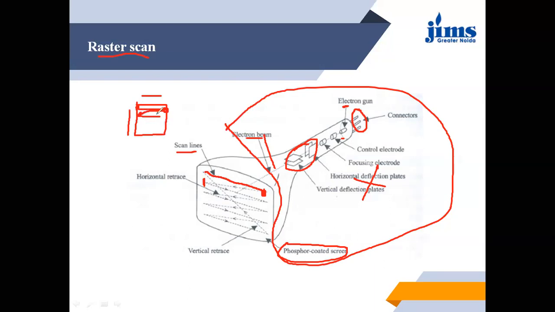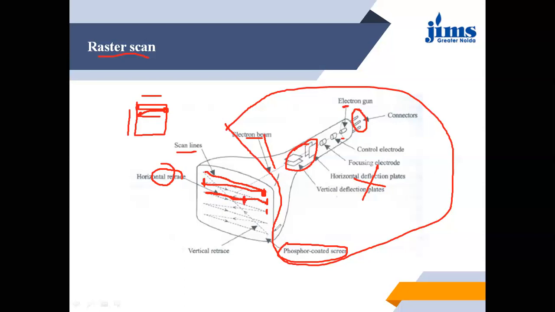So when the electron beam transfers from the right hand side corner to the left hand side corner, this is called horizontal retrace. You can see from here, this is a scan line, this is the next scan line. When the electron beam transfers from this position to this position, this is a horizontal retrace line.